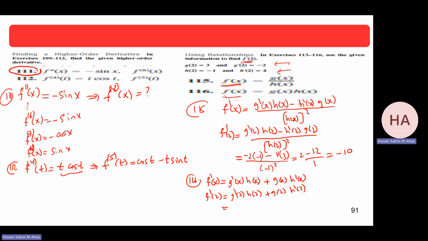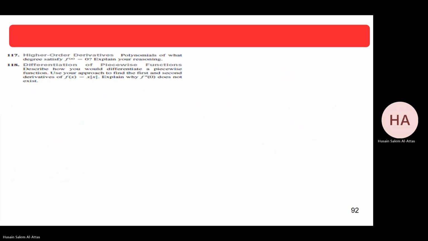G prime at 2 is minus 2 times h at 2, which is minus 1, plus g at 2, which is 3, times h prime at 2, which is 4. So it will be 2 plus 12, which is 14. Okay.